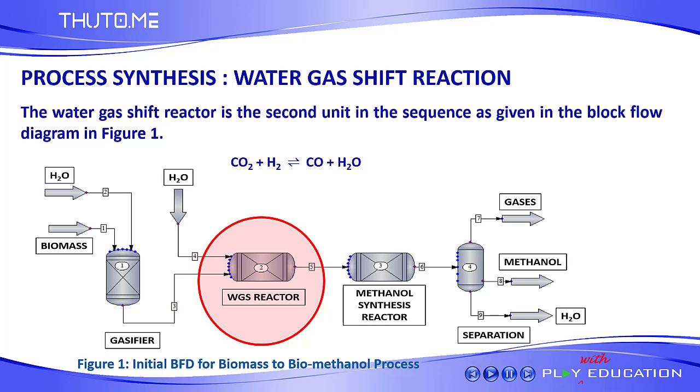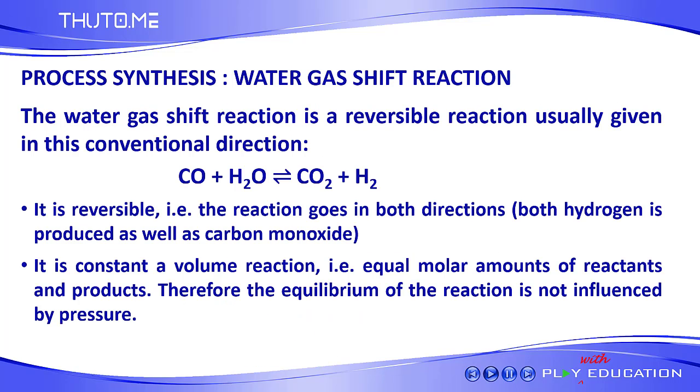The water gas shift reaction is a reversible reaction, usually given in the conventional direction of carbon monoxide reacting with water to form carbon dioxide and hydrogen. As we have stated, in our situation, we would like it to go in the opposite direction. Remember, it's a reversible reaction. It doesn't mean that it's happening in only one direction.